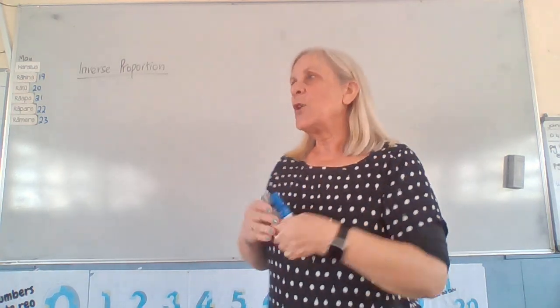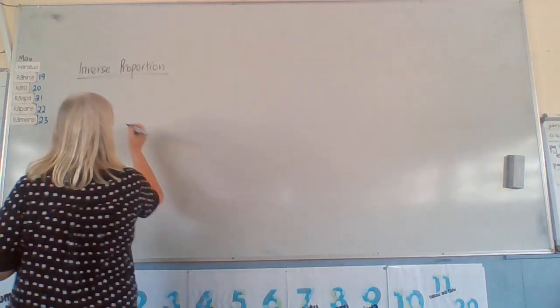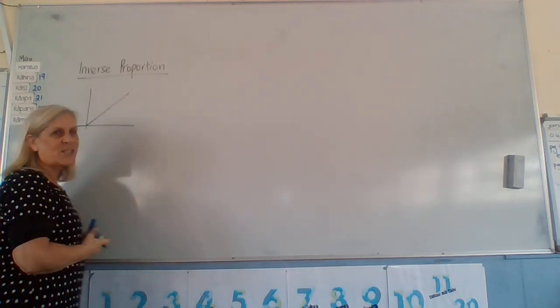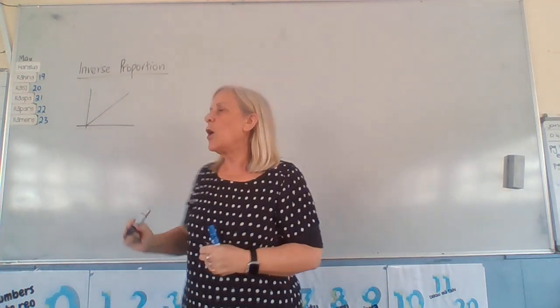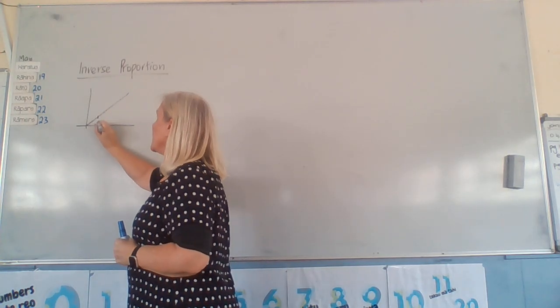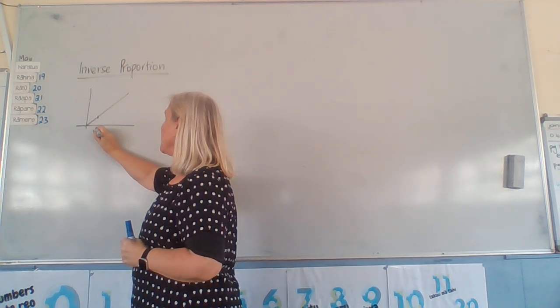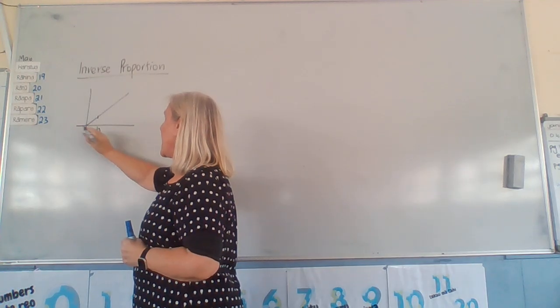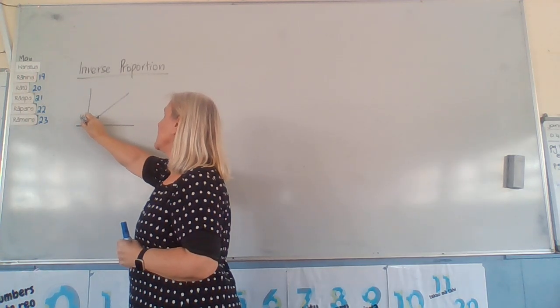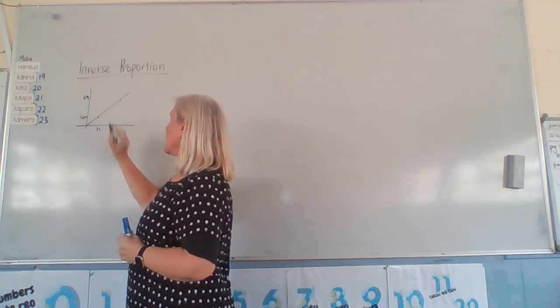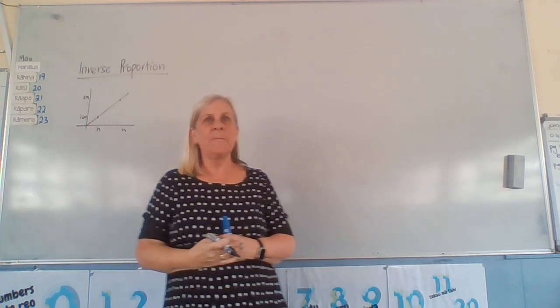All right? So yesterday when we were looking at rates and proportions, we were looking at a graph like this. It was straight. We were saying, okay, if we've got this much, let's start with speed, so this many hours and this many kilometres, then the same ratio, the same fraction exists for this one, all right?